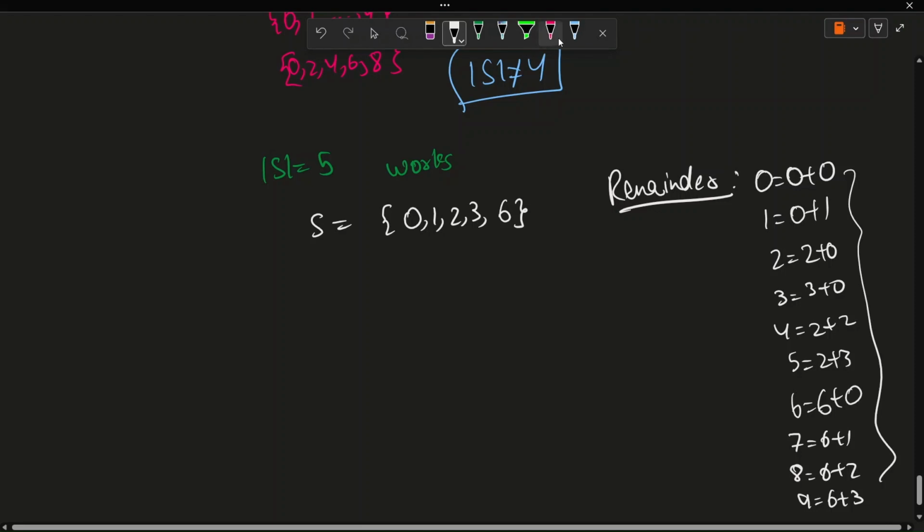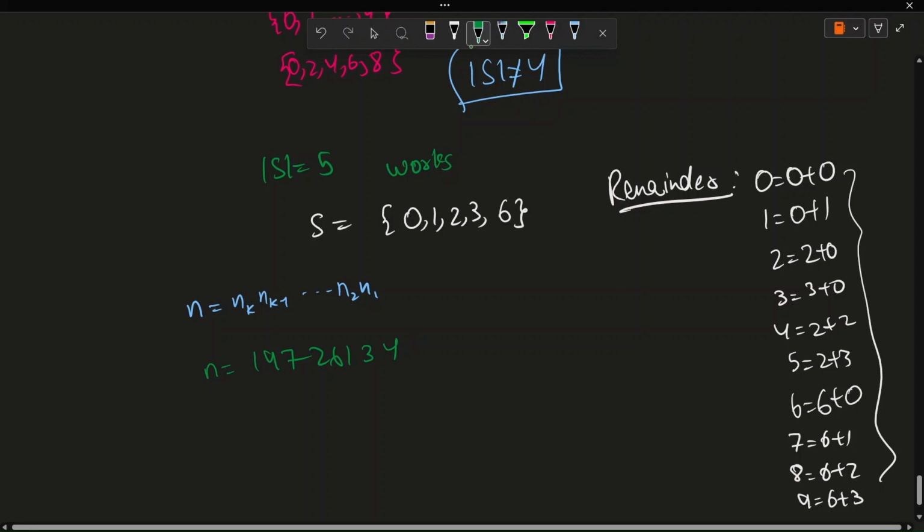I will show this by an example. Suppose n has digits n_k, ..., n_2, n_1. For example, if n equals 19726134, these are the digits of n.